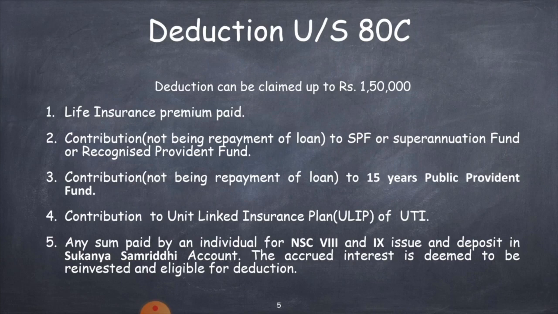If the assessee is a Hindu undivided family, in that case he can claim deduction on the life of any member of the family. Remember this point, I am not going to tell this again.